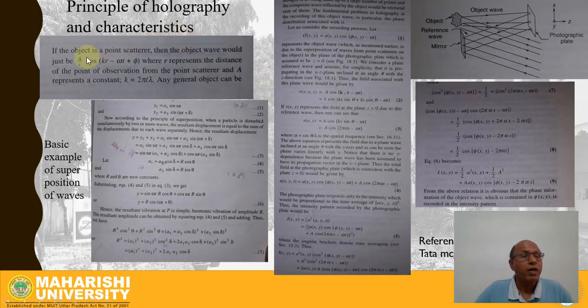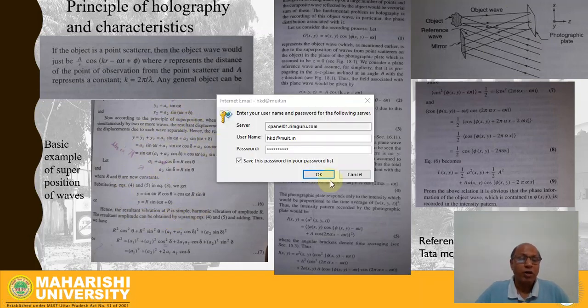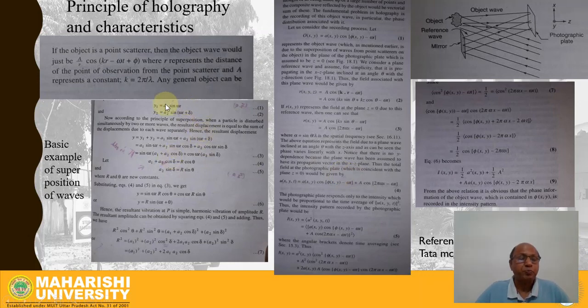Let's start. As you can see in this photograph, there are two sources of light. One is from the object and the other is from the reference wave. Now, in order to understand this interference and derivation, let's first look at the basic example of a superposition of waves. During your undergraduate studies, you might have studied the derivation of intensity of a light wave because of interference between two light waves.